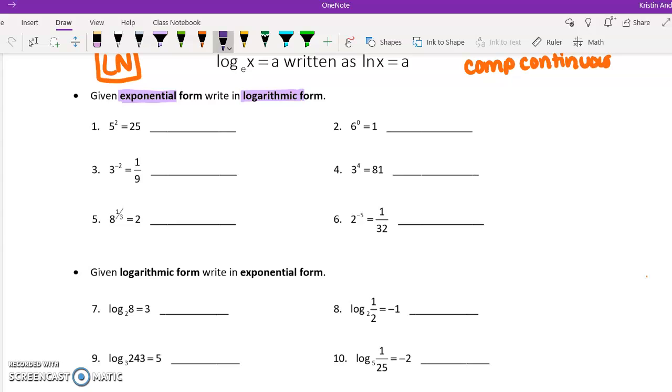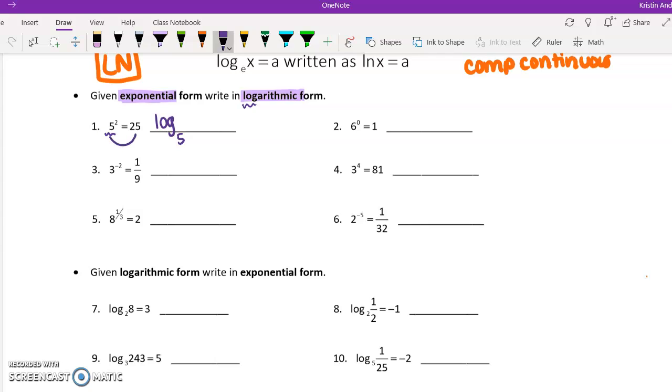Something that's important is to actually read through the directions and ask, are you answering the question? When it says write it in log form, what word should be in my answer? The word log. So I will write down log, and then this is our base, log base 5.